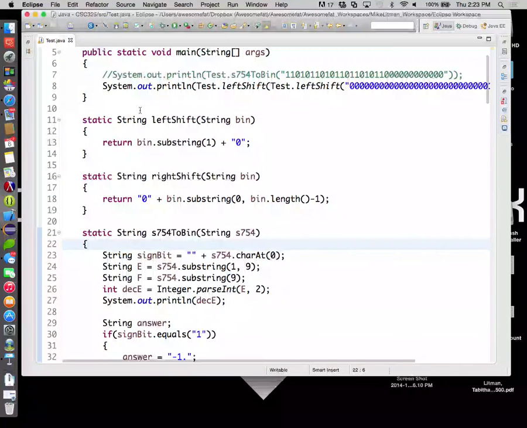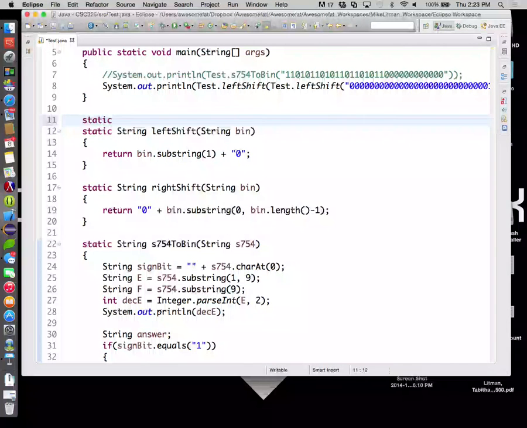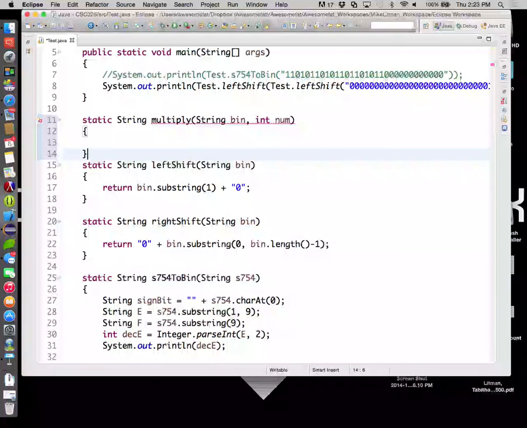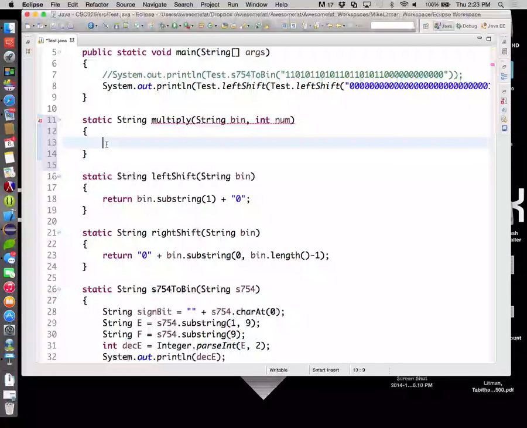So now we might want to write a string multiply: string bin by, we'll just keep it simple, int num. So we'll multiply it by a decimal number because we know we've converted stuff from decimal to binary plenty of times, so we don't need to deal with it.